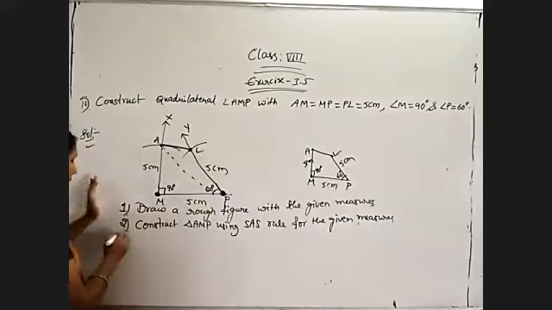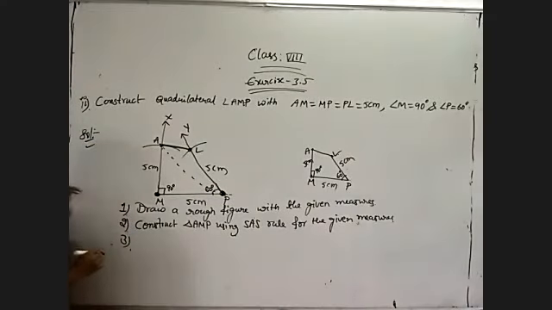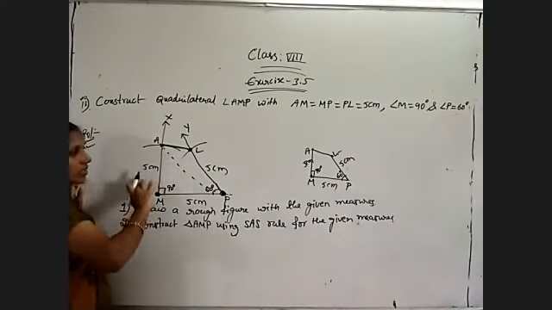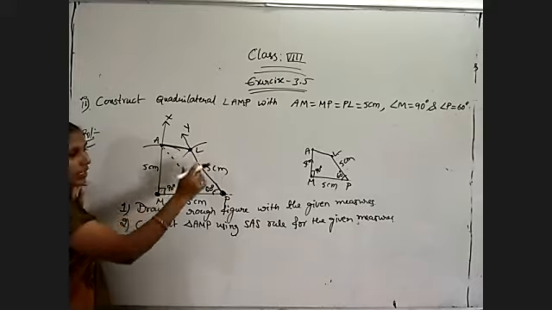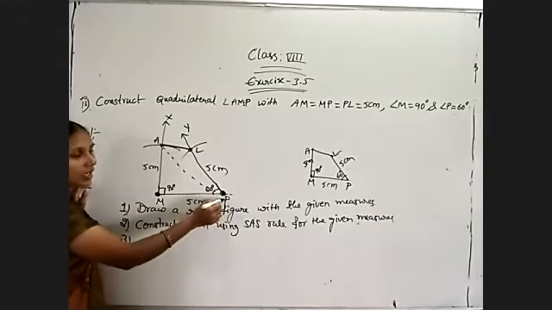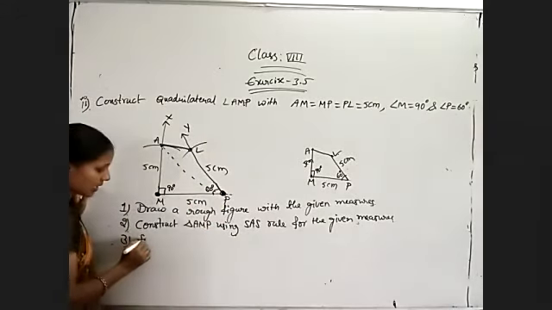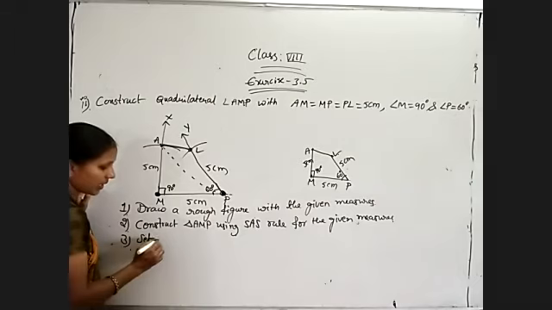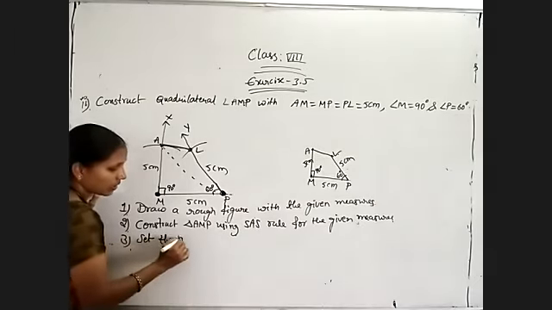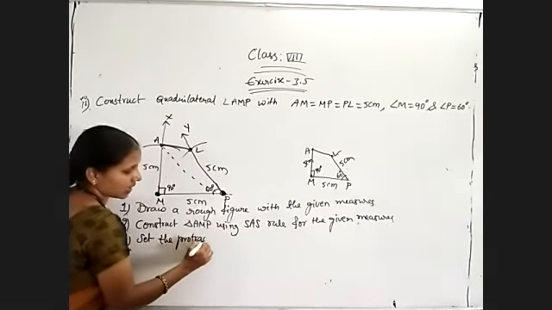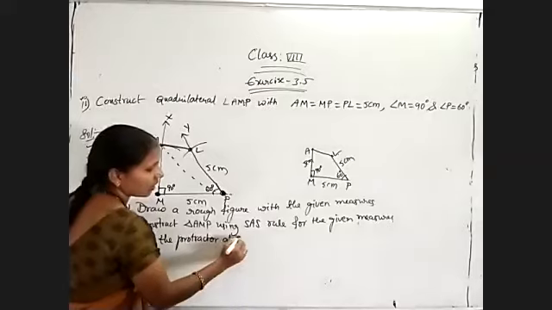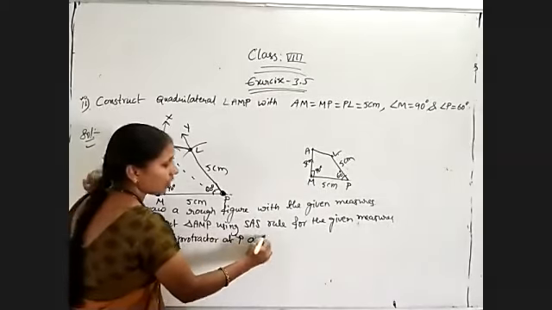Okay. After that, what did we do? This fourth vertex L we need to find. So for that we have constructed angle P. That is, set your protractor at P and draw a ray.